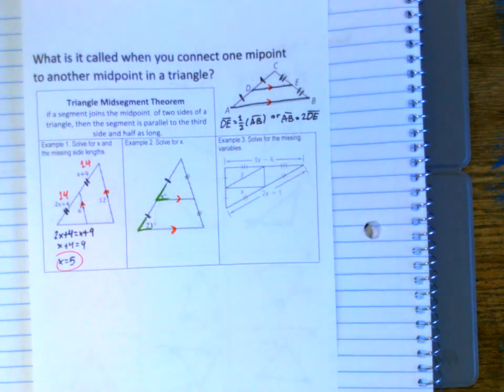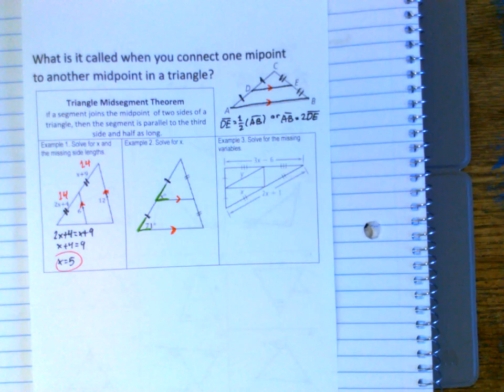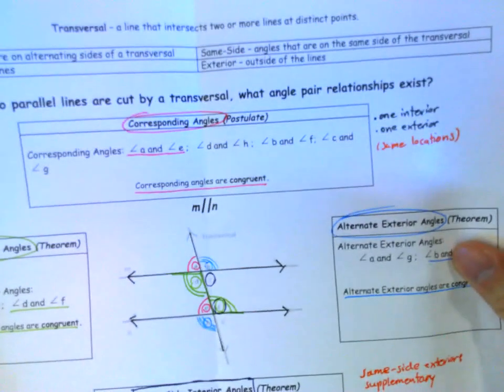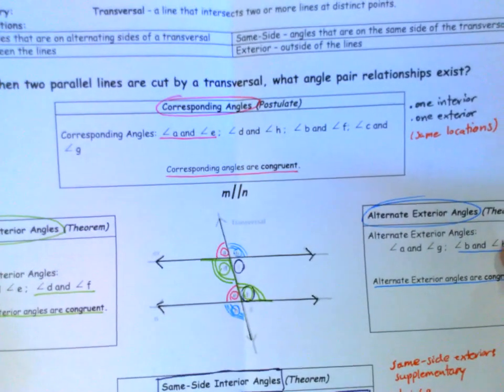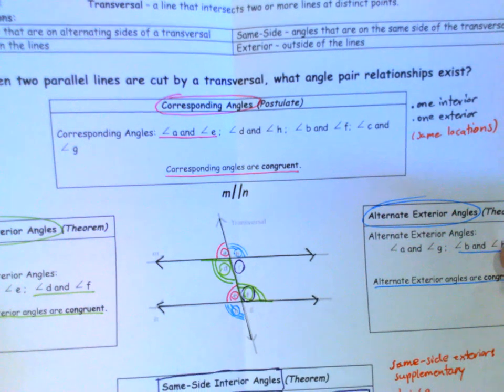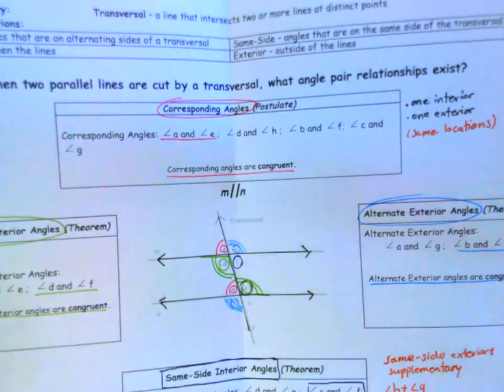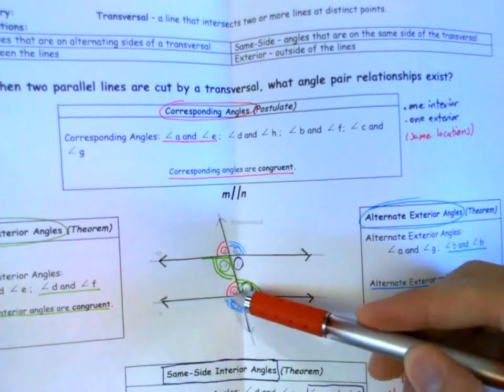If we look back from yesterday, okay, go over to corresponding angles. The corresponding angle theorem is at the top. Corresponding angles are angles that are congruent. Angles like AE. That looks awfully familiar. It's just backwards.